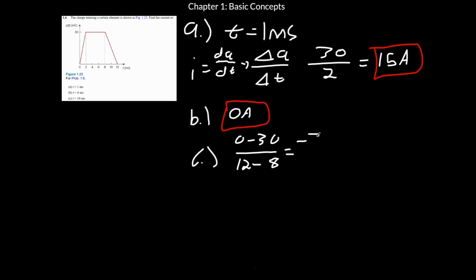So this is going to be negative 30 over 4, and that is going to be equal to negative 7.5 amps. So the charge is going to be flowing in the opposite direction here.